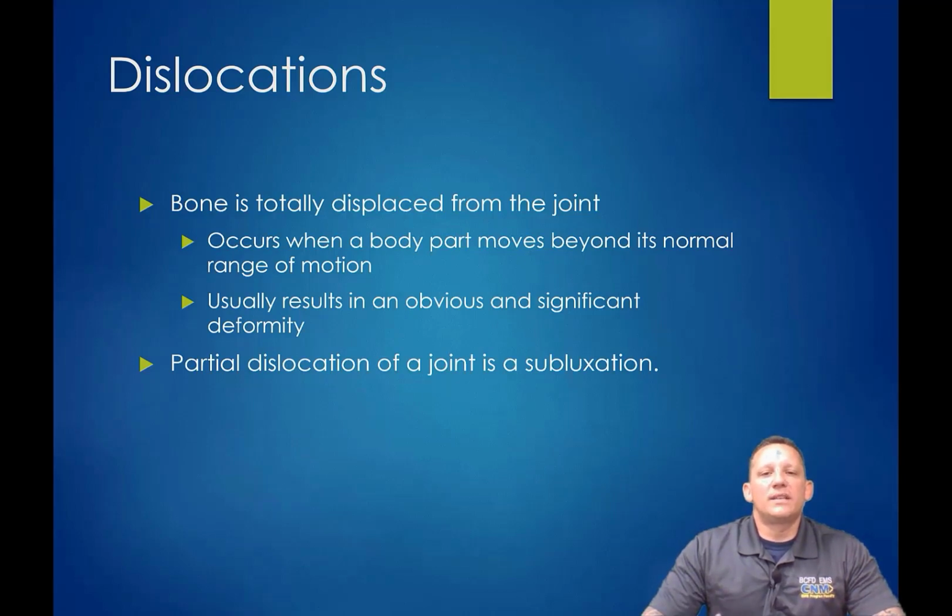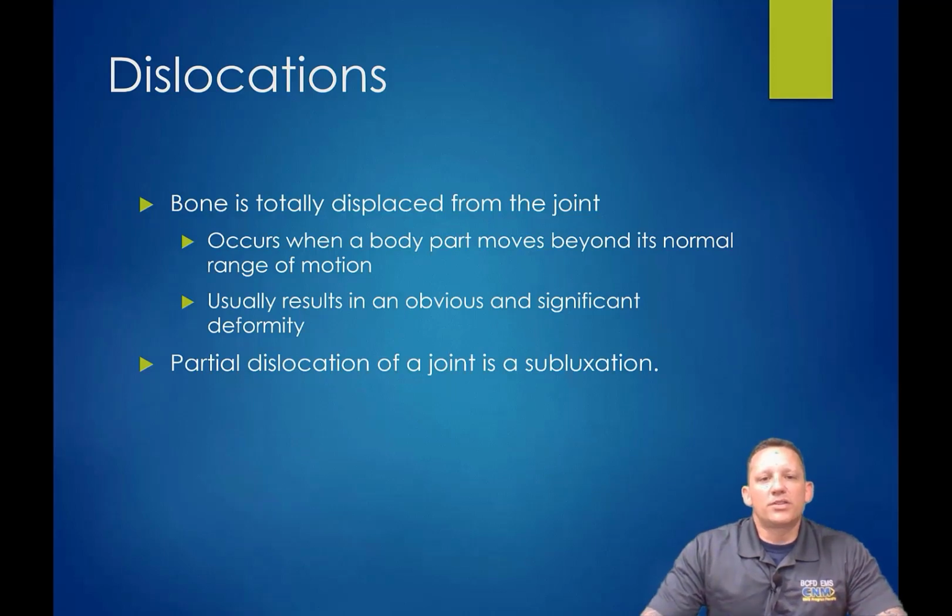We've stressed something beyond its normal range of motion, and the ligaments and tendons will allow the bones to slip out of place, and this becomes a very painful injury that a lot of people will experience at some point in their life, be it something as simple as a finger all the way up to a hip or a shoulder.